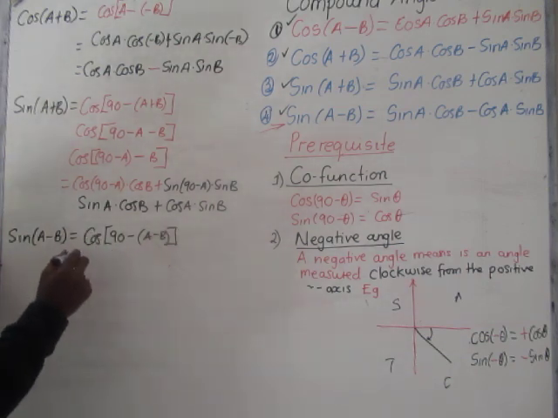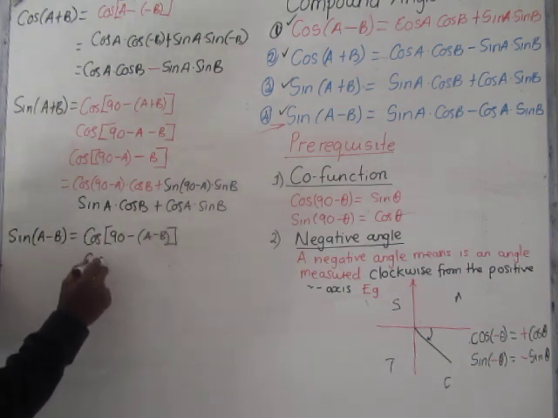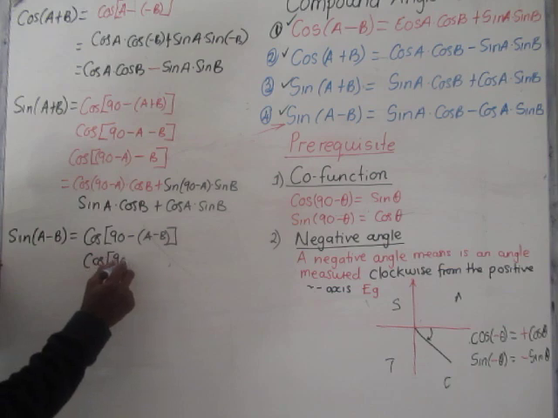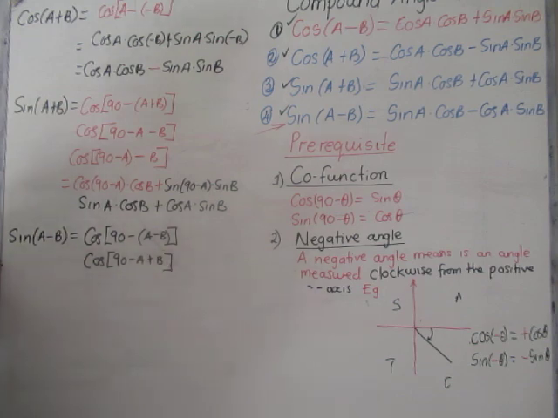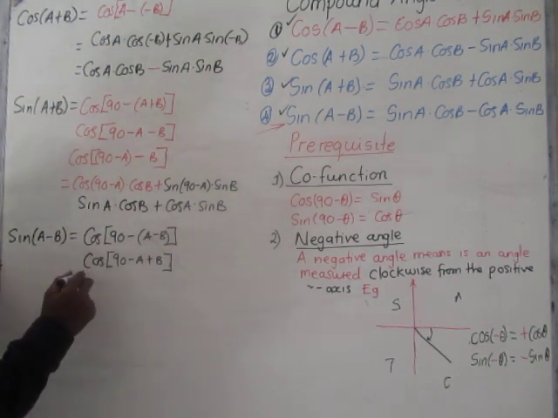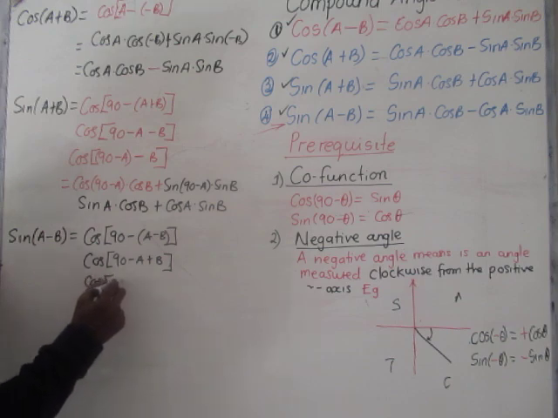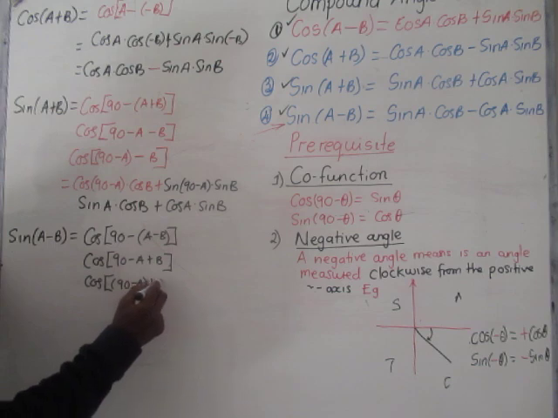Then this can simplify to cos(90 minus a, and negative times a negative we get positive b). Right, so now we can rewrite this one as cos(90 minus a plus b).